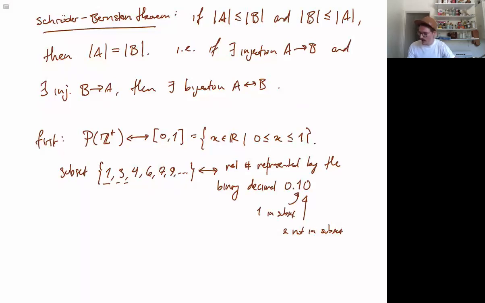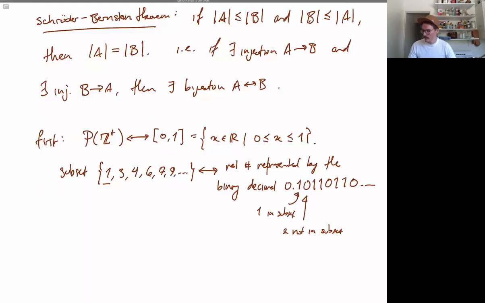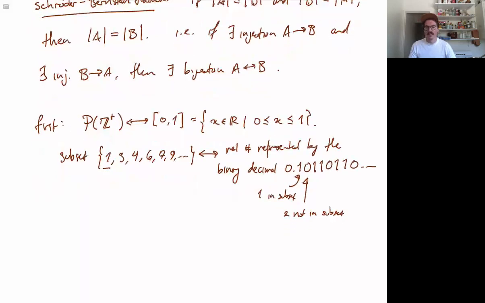And if we keep going down the line, 3 is in the subset, 4 is in the subset, 5 is not, 6 is, 7 is, 8 is not, etc. So that gives us a bijection like this that shows that these are the same cardinality.